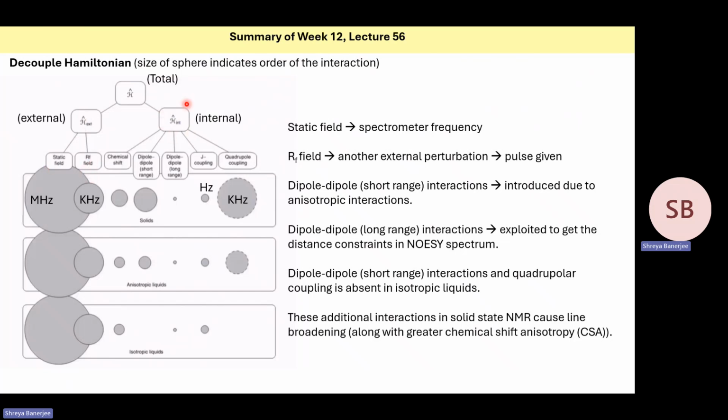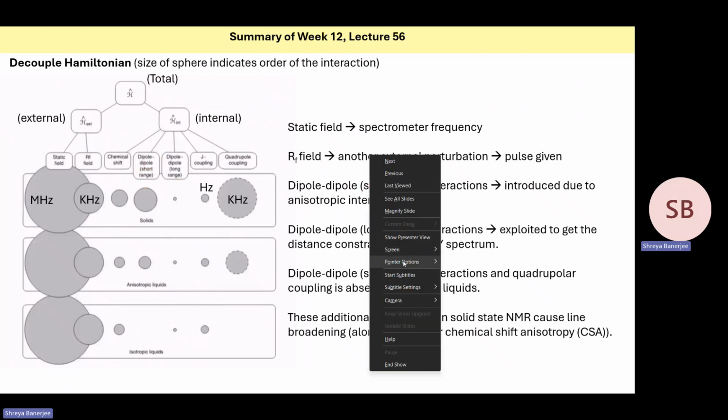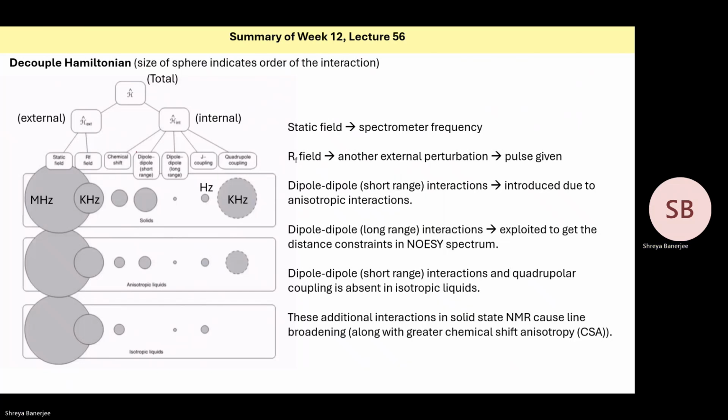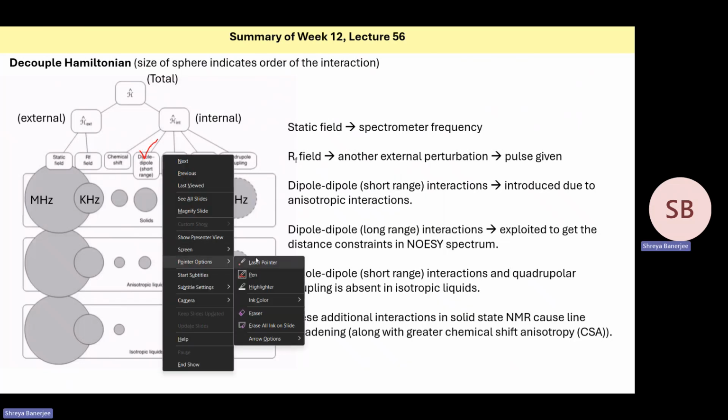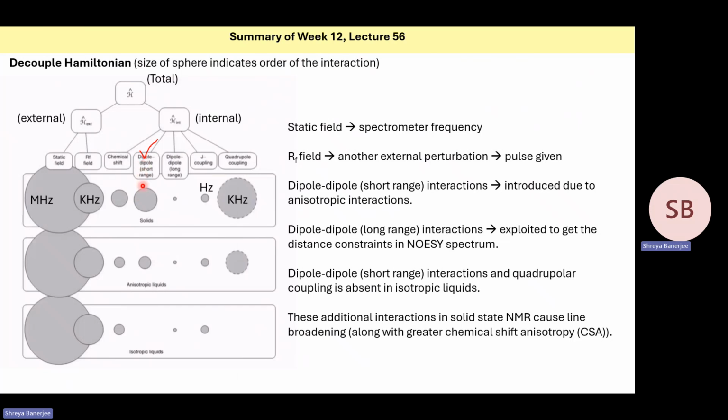Now in the internal perturbations, or internal energy, you can have chemical shift, you can have dipole-dipole short-range interactions. Now these are the ones that are introduced due to anisotropic interactions.